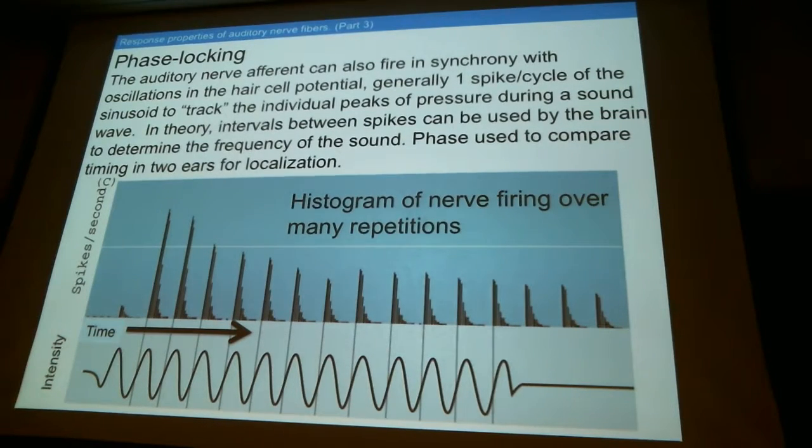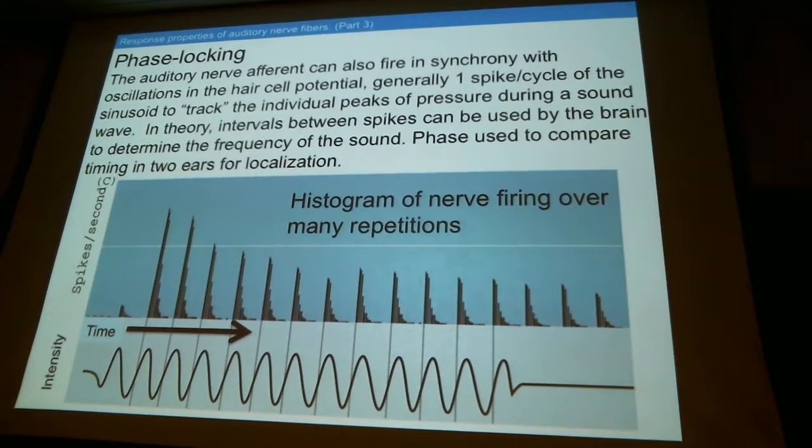So it's locking onto a particular phase of the sound stimulus. Okay, so in theory, you could just count the interval between these spikes and take a really good guess as to what the frequency was that you used as a stimulus. But that only works up to a certain number, certain types of frequencies.